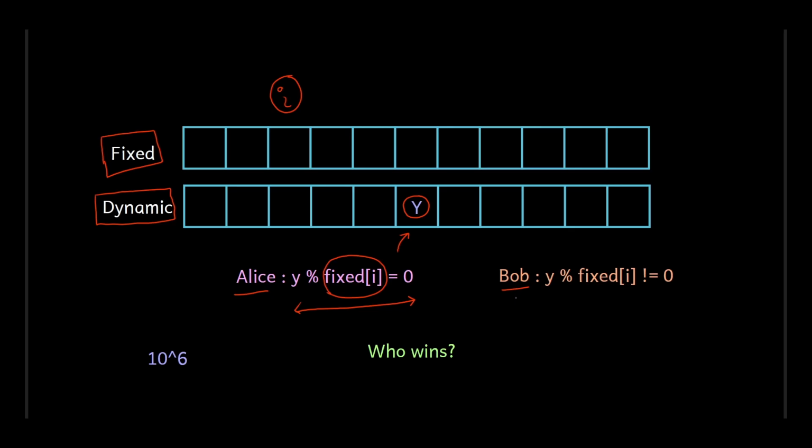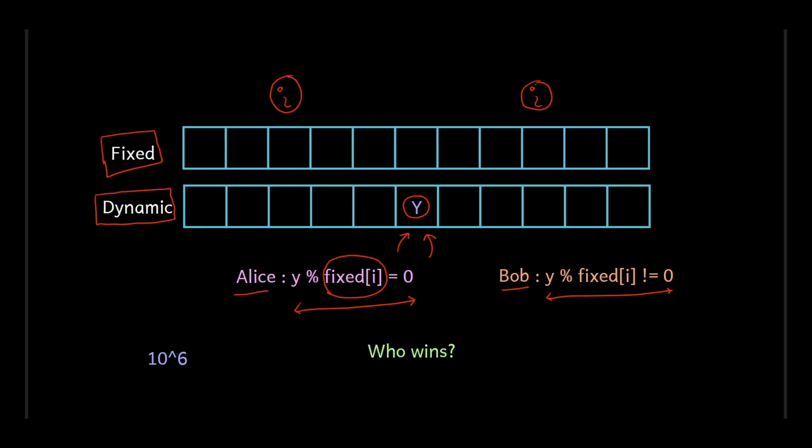But for Bob, the rules are different. For Bob, he has to first pick an index I from the fixed array, and then pick another element y from the dynamic array, and Bob can only delete this element y if it is not divisible by the element that was chosen from the fixed array.